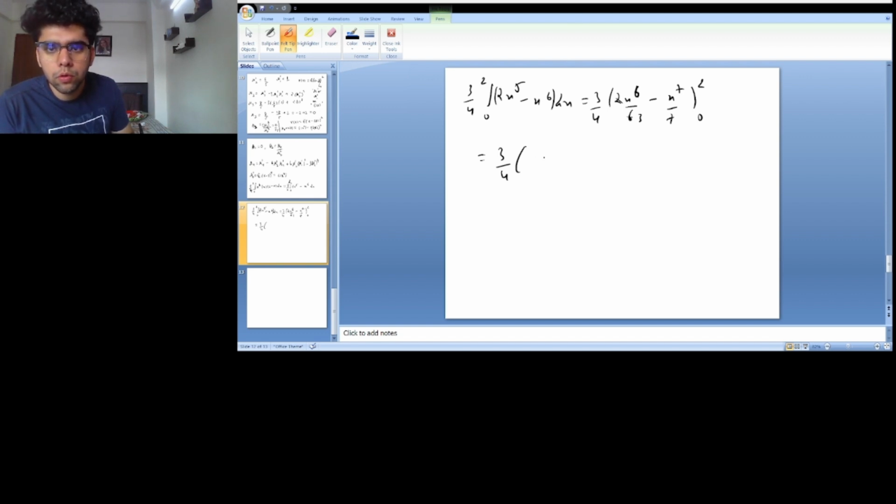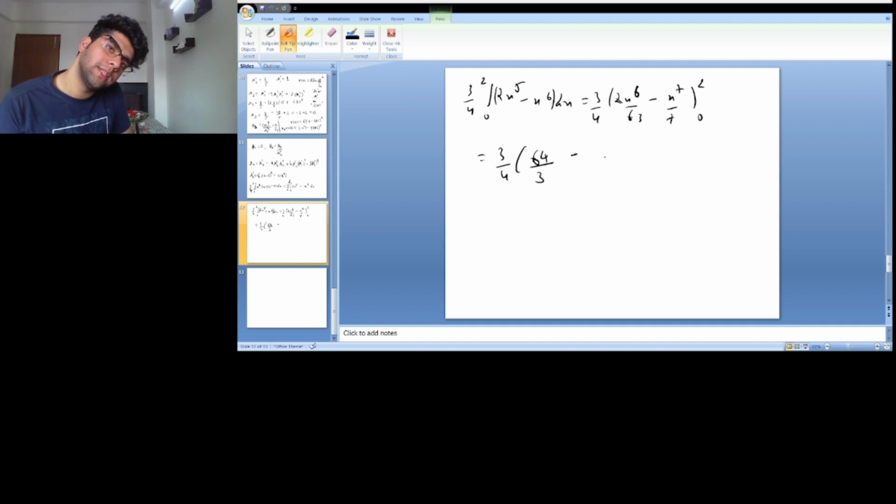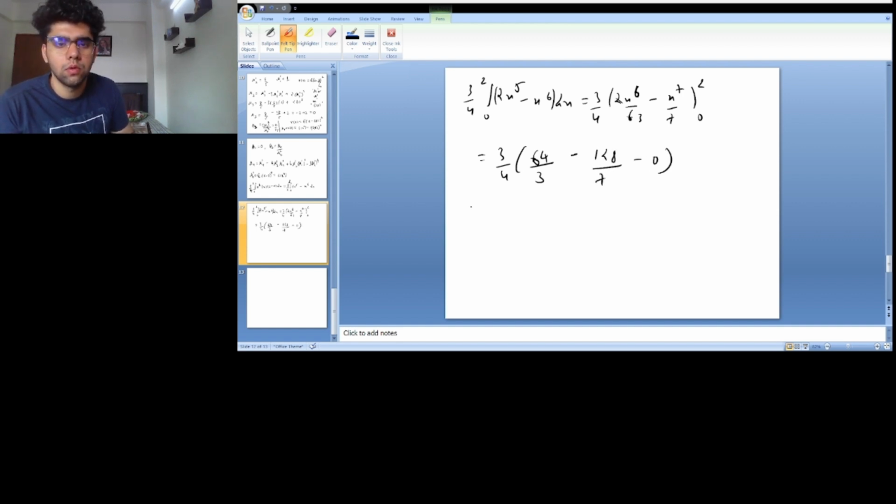So 2 to the power 6 is 64 minus 64 upon 3, and 2 to the power 7 is 128, so 128 upon 7 minus 0. This will give me 3 and 3 goes away, 4, 16. Now 3 by 4 into 128 upon 7.